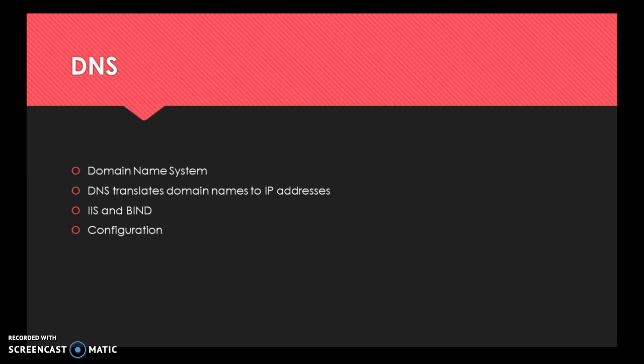When configuring it, you want to make sure you're listening to the correct port, and you also want to make sure that you are creating the correct zone entries and zone files. After that, you want to verify the zones and restart your server, and you should be good to go.